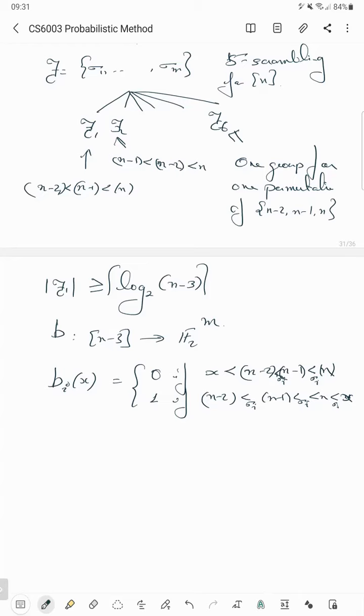I'm writing it this way because when I'm trying to argue for a lower bound for F1, I need to make sure that the permutation where this happens is inside F1. That is why I wrote this whole range here. That's the only reason. So this ensures that this permutation is present in F1. And remember this surely, whichever the adversary has picked.